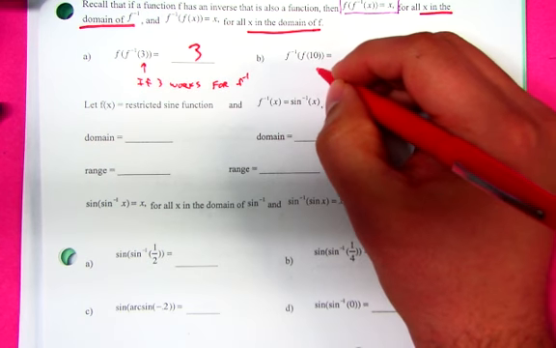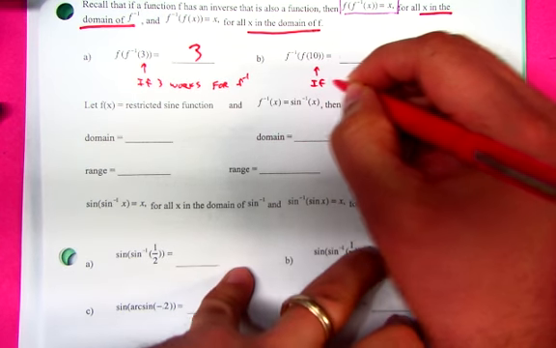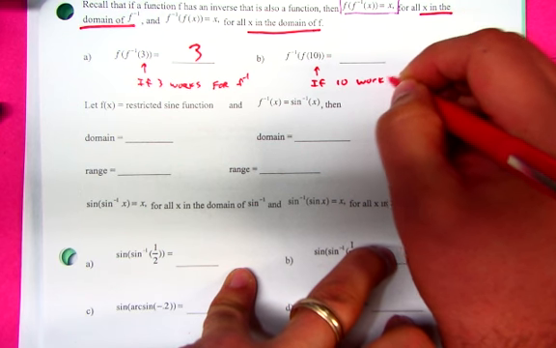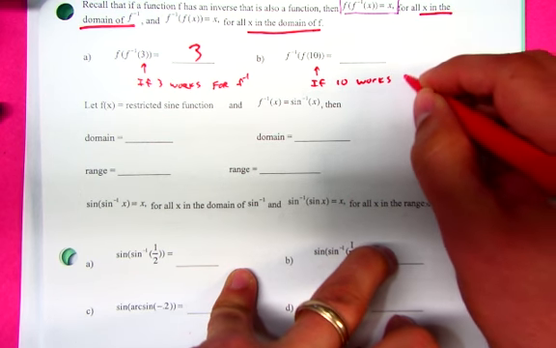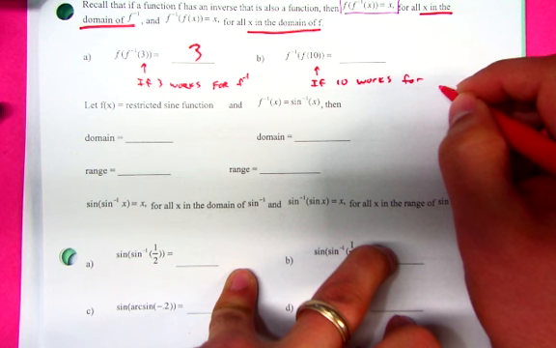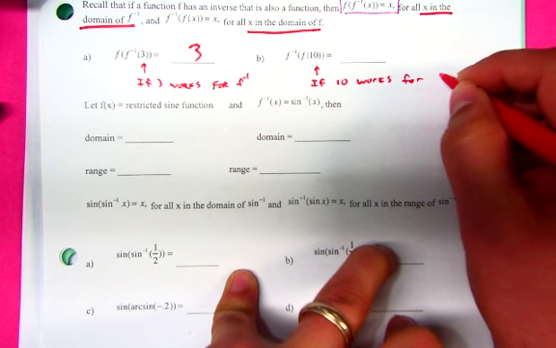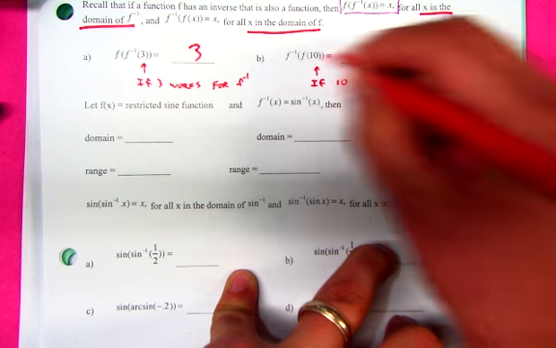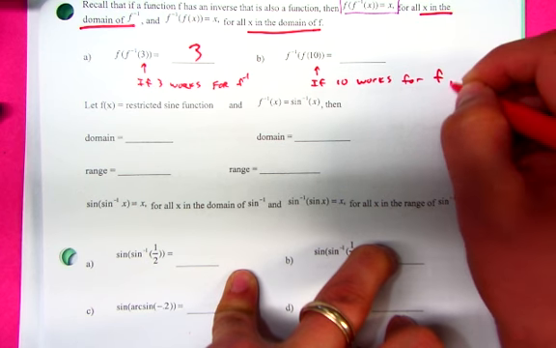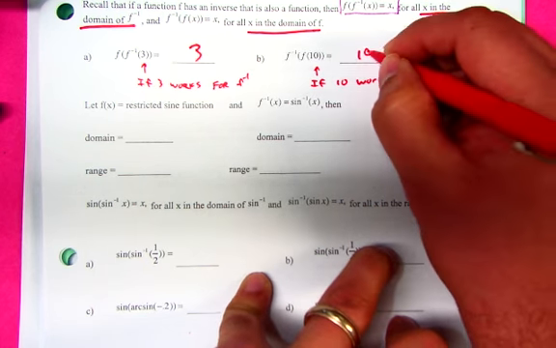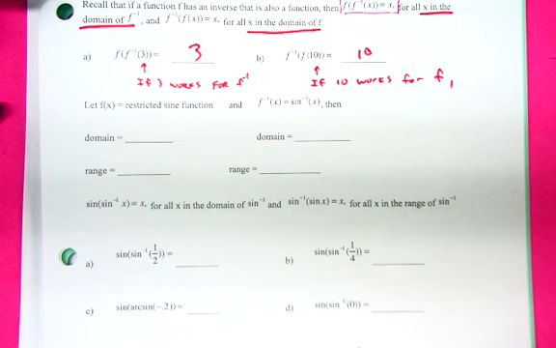As long as 10 works, so if 10 works for which function here? Which function is on the inside? Just f, right? So as long as 10 works for f, then they will cancel out and you'll get 10. Okay?